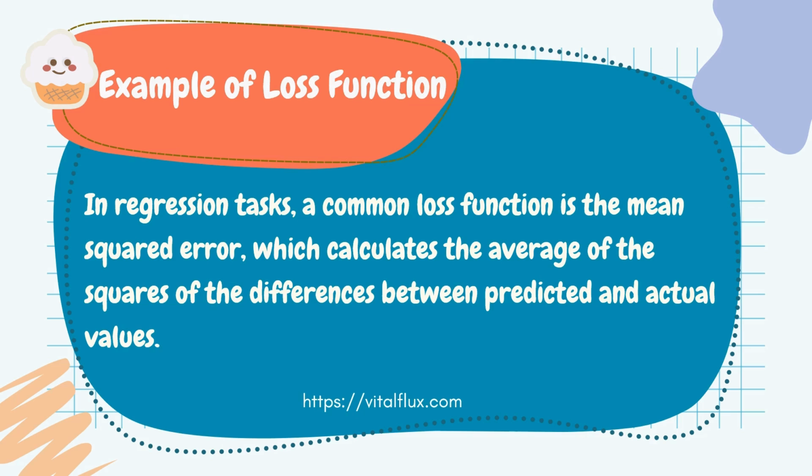Now, when we talk about minimizing this loss function, it is about finding an optimal set of parameters for this function which results in the least possible difference between the actual and the predicted outcome.